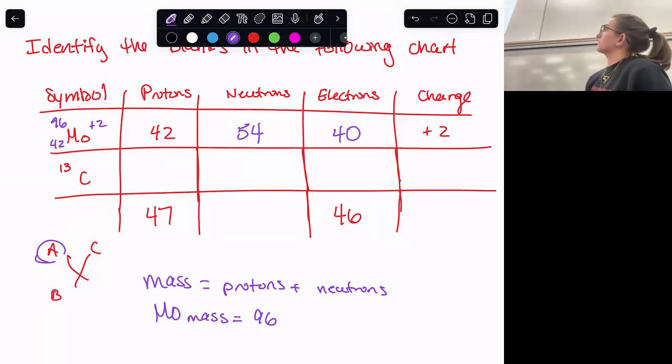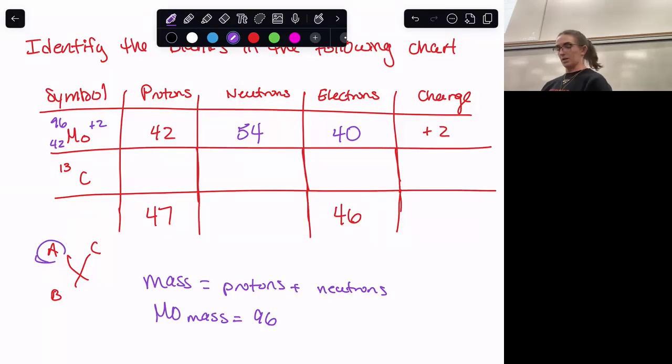Okay, so what about carbon? We have carbon 13. What does that 13 tell us? That tells us our mass. We know that it's carbon, so what can we get from carbon? The protons. Does anyone know what that is? Yep. So we can also put that in the B category.